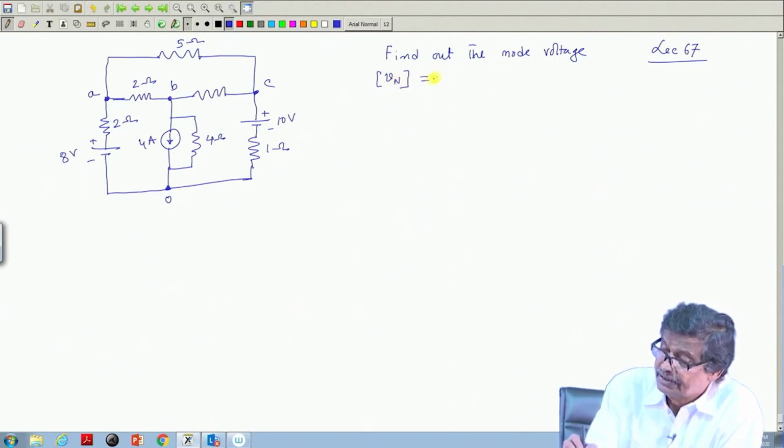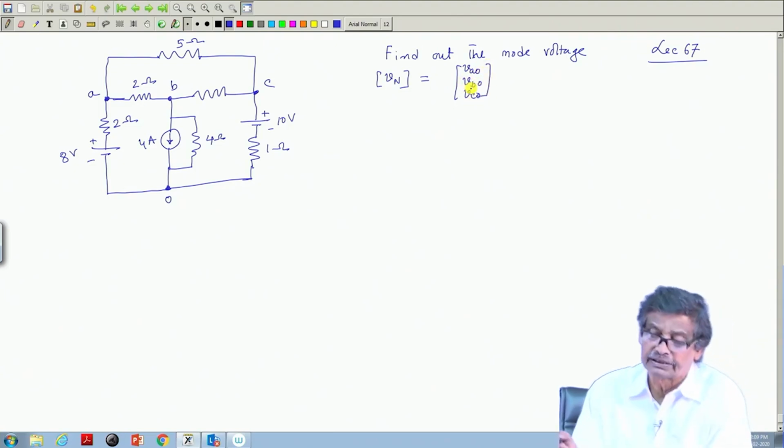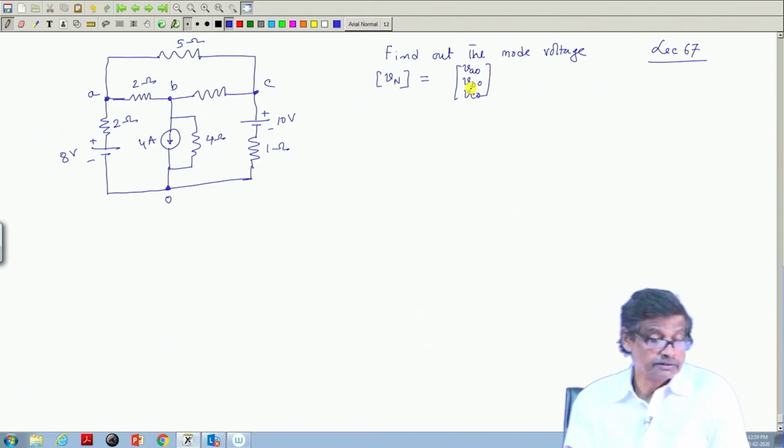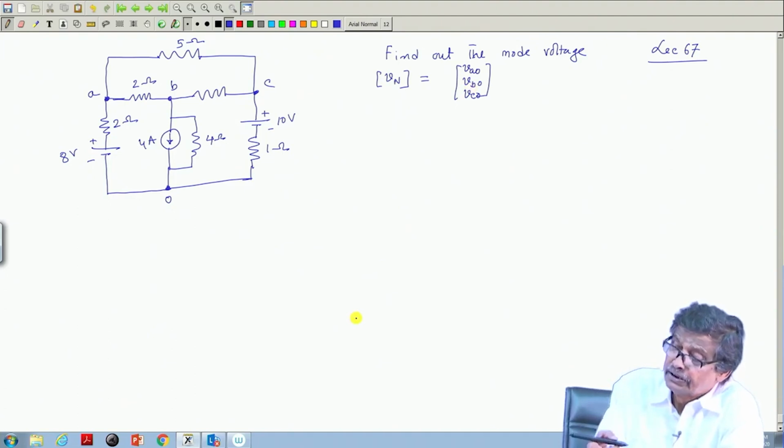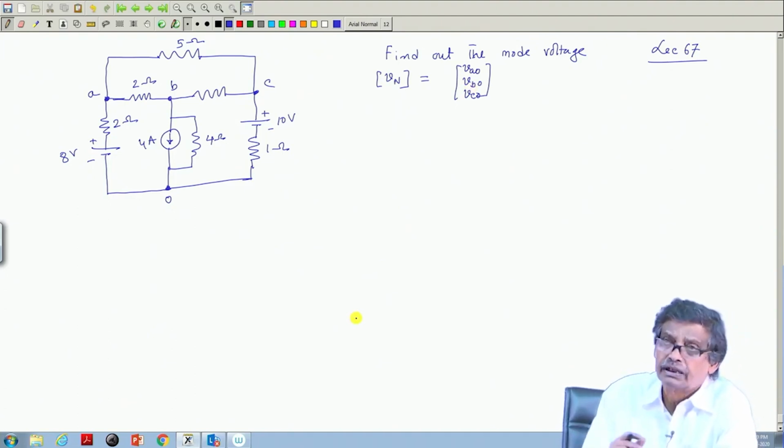What is this V n? It is equal to V A 0, V B 0, this column vector V C 0. If you know the node voltages, you have solved the circuit, other parameters being known. So, I want to find out these node voltages using graph theory.